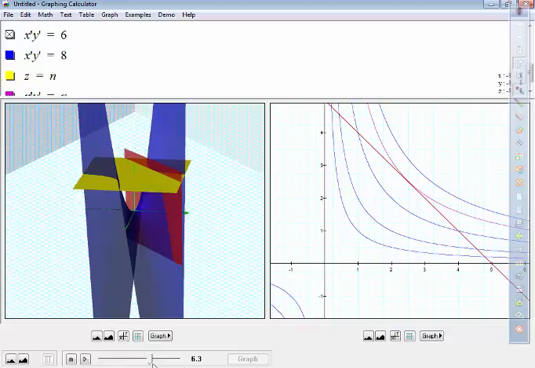So closer to the level curve, what does that mean? What is the level curve doing with the constraint curve? The constraint curve is that red line. The level curves are these hyperbolas.